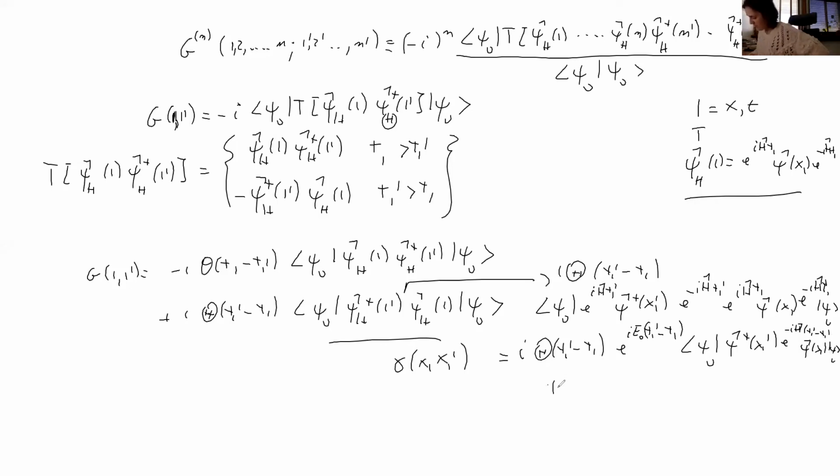So when T1 prime is equal to T1 plus, which means that I only select this theta function and not this theta function, I get back my density matrix, because here the exponential goes to 1, this goes to 1, and I'm left with the definition of the density matrix.